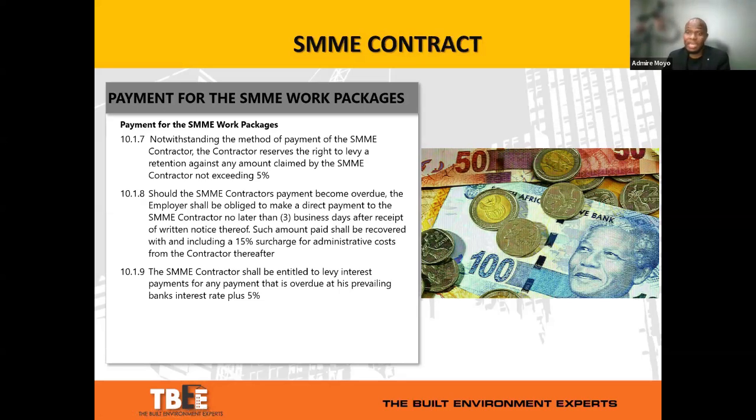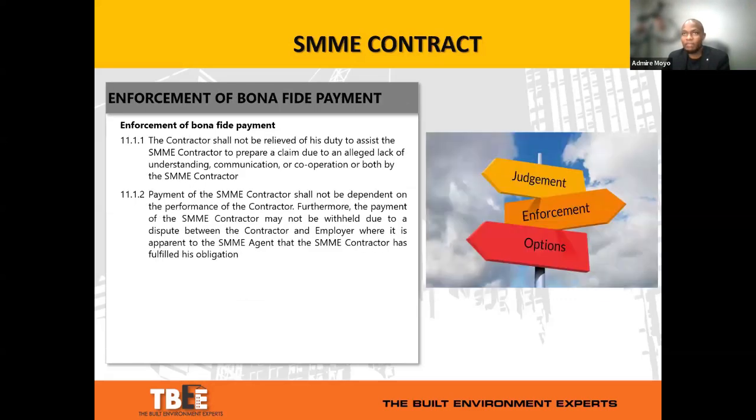Or they may understand when they're being appointed and they want the work, but when push comes to shove, they feign ignorance. When it comes to enforcement of a genuine claim, we've indicated the procedure for enforcing that claim.